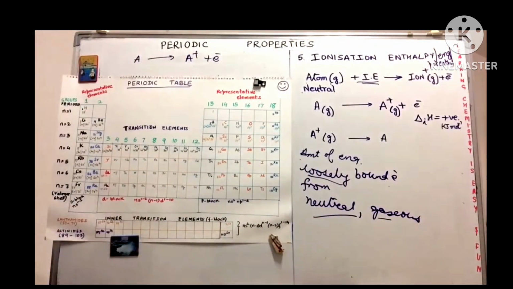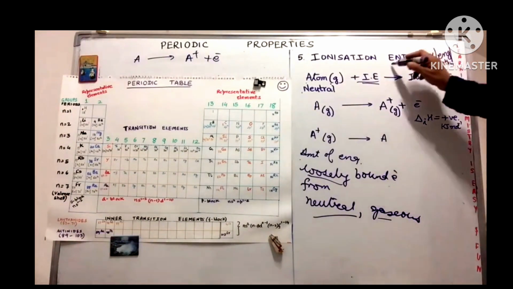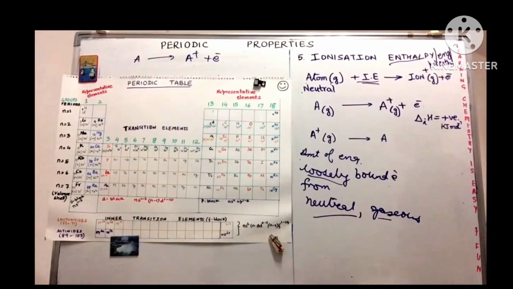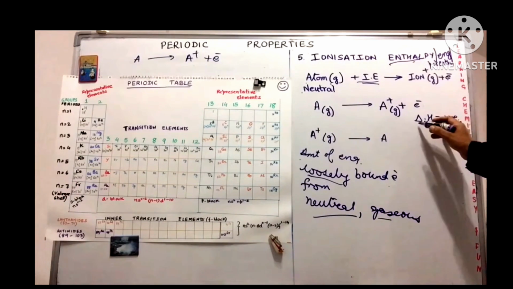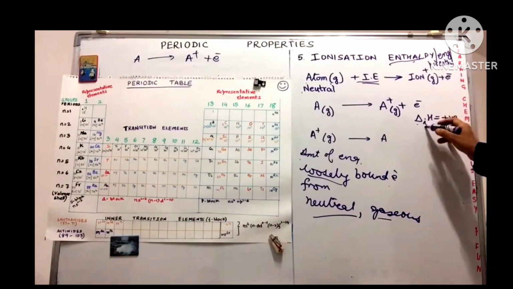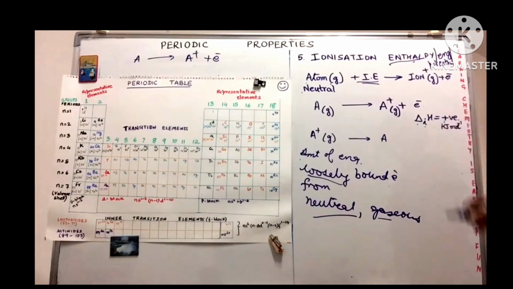the word ionization enthalpy. Now, if you see over here, I have used the word enthalpy. If you have not done thermodynamics, which for a beginner usually you will not be able to understand, this is a thermodynamic term and we represent it as delta Hi, and this has a positive value. Why a positive value?